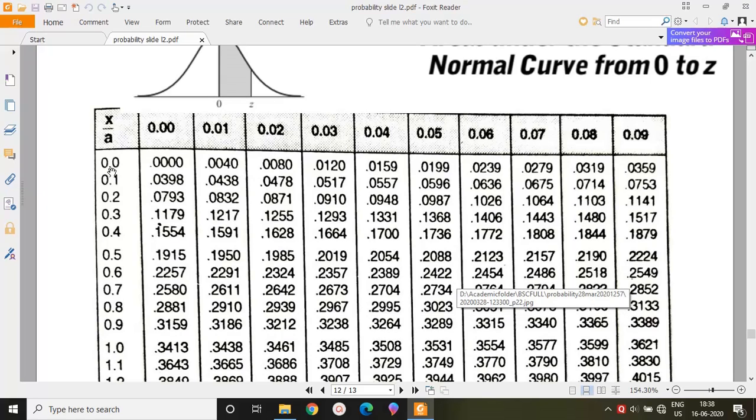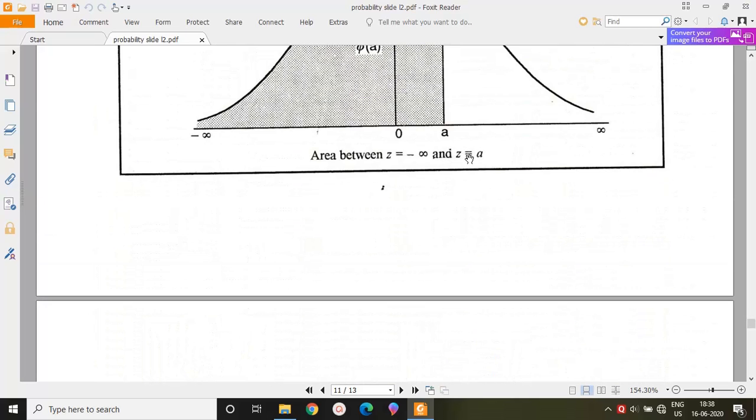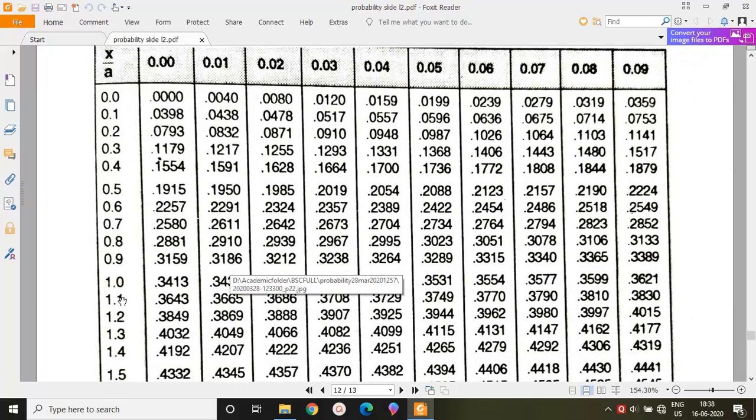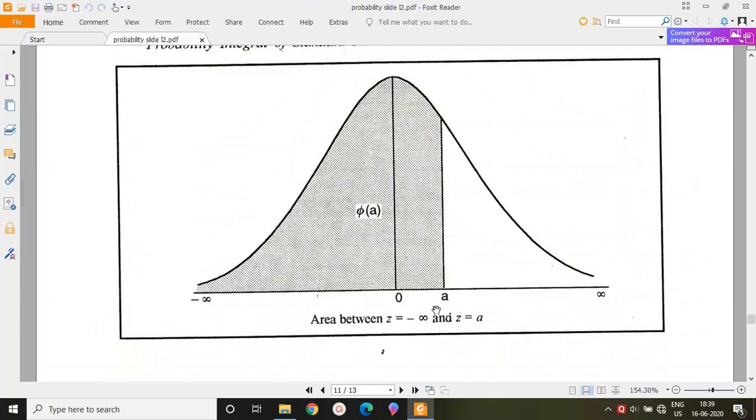You can get 0.0, and if you go here, for 0.01 the value is 0.0040. That is the area for that value a, which is 0.01. Suppose I want to find 1.12, so I will go to 1.1 and 0.02. For 1.1, 0.02, the corresponding value is 0.3686. So if your standard normal variate has a value a, you can find its area.